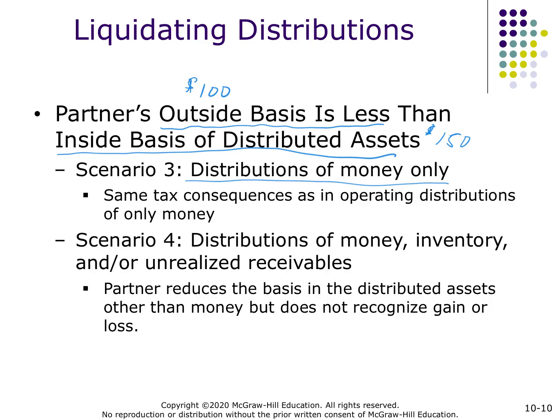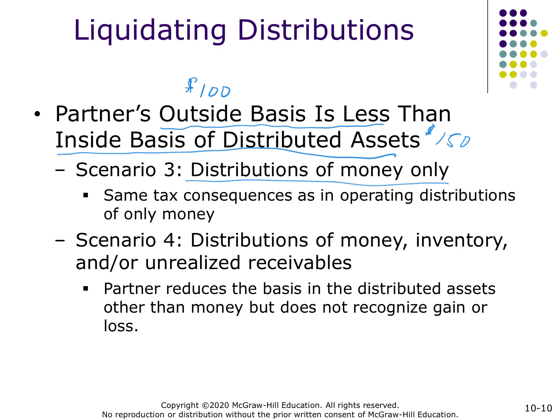Now here in scenario 3, it says same tax consequences as in operating distributions of only money, okay? So think back to when we were talking about the operating distributions, and remember that generally we said you don't recognize a gain or loss on distributions of money from an operating distribution.